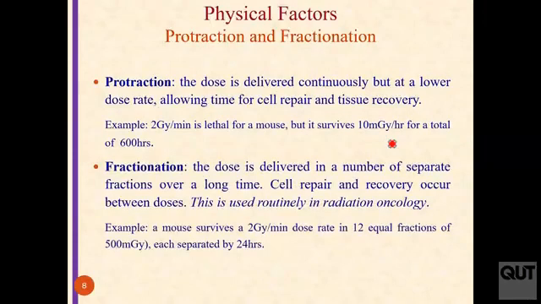Another factor which can affect the biological effectiveness is protraction of the radiation dose and fractionation. Protraction means how long it's drawn out for. For example, 2 gray per minute can be lethal for a mouse, but if you give it 10 milligray per hour for a total of 600 hours, it can survive a much higher total radiation dose than a short dose.